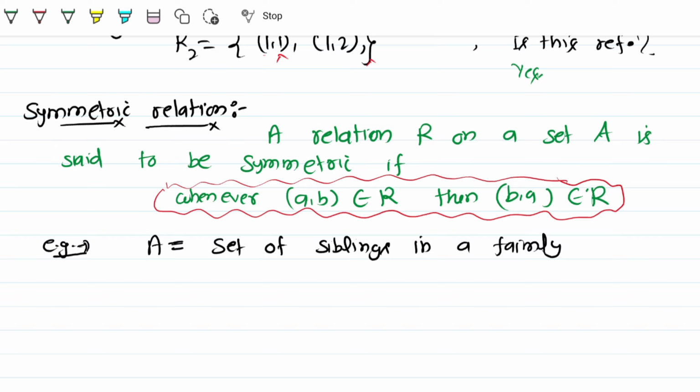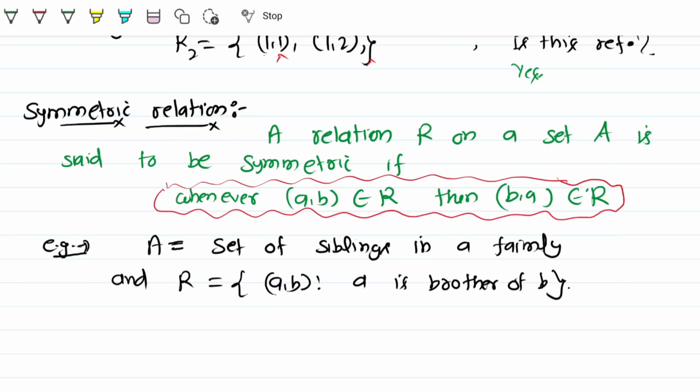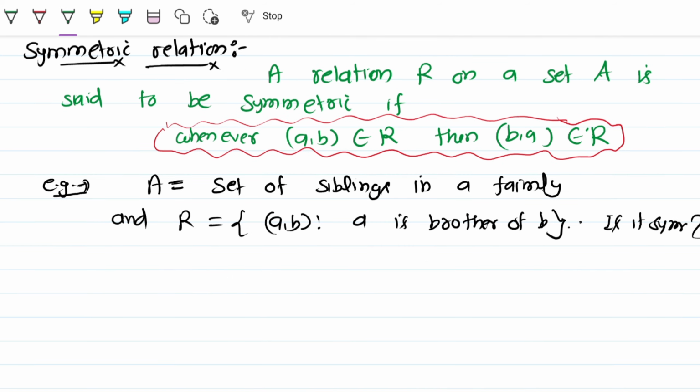Okay, I am taking a set of siblings in a family, and R is the relation such that the ordered pair A comma B such that A is brother of B. Now we need to check, is it symmetric? For the symmetric relation, whenever AB belongs to R, then BA has to be in R.